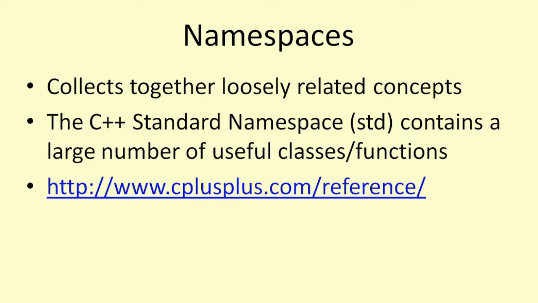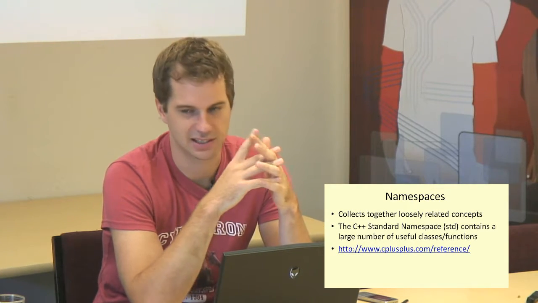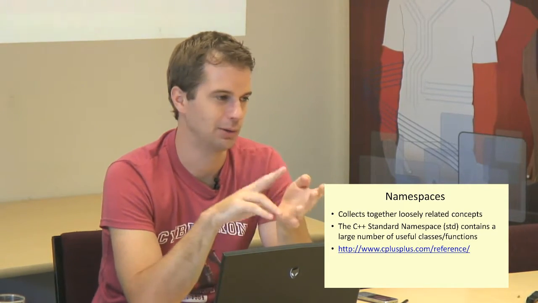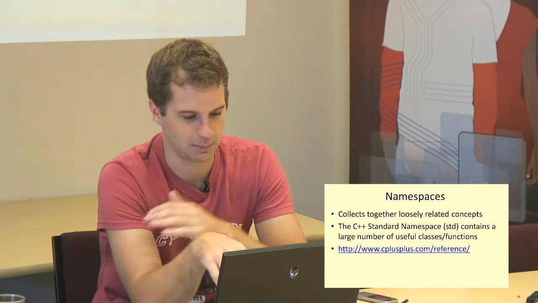So the best example is the C++ standard namespace. So the C++ standard namespace basically encapsulates a lot of the classes and stuff that you find in Java. So all your things for input, output, arrays, strings, all that sort of stuff are in the C++ standard namespace under the name std.